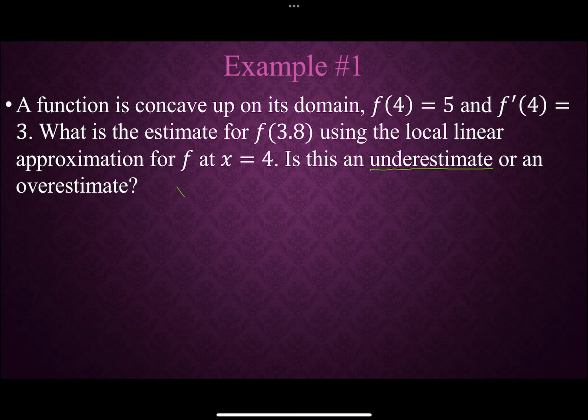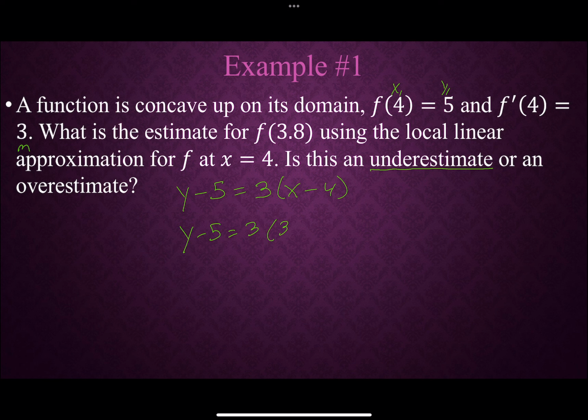So we set up our y minus y1. So there's x1, there's y1. So it's y minus 5 equals, and then there's m, the 3, the value of the derivative at this 4. So 3 times x minus 4. Now they want us to find the estimate for f of 3.8, so we can substitute 3.8 into this right here.